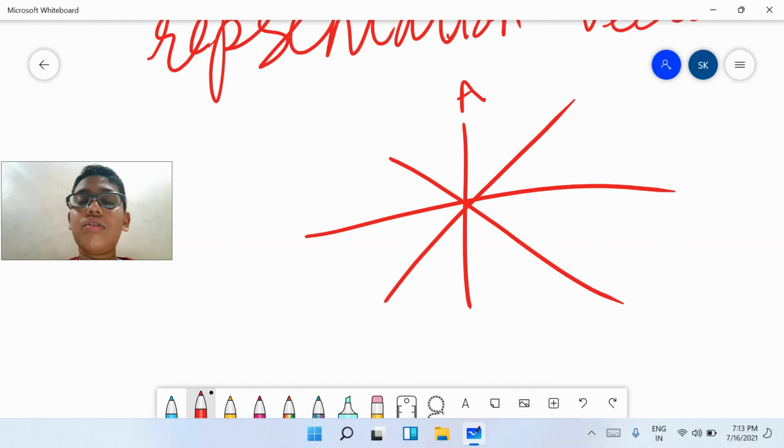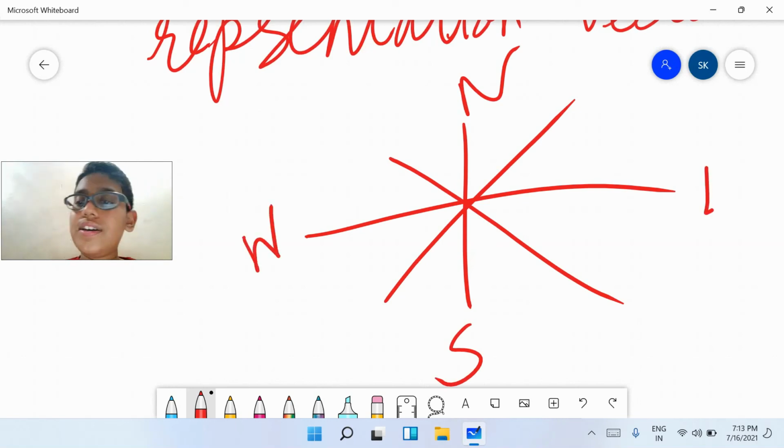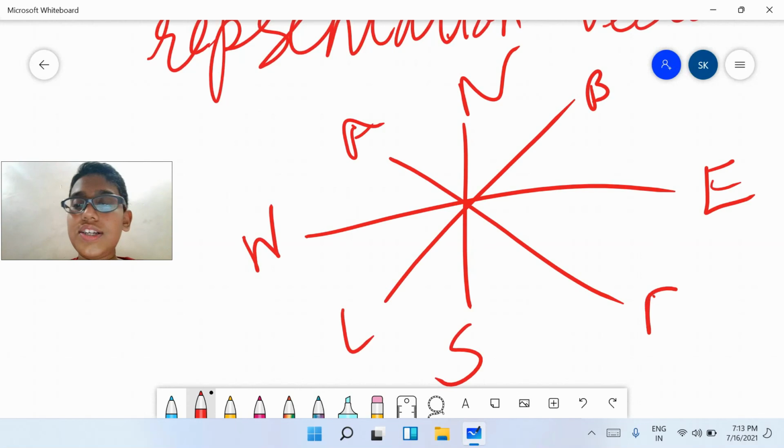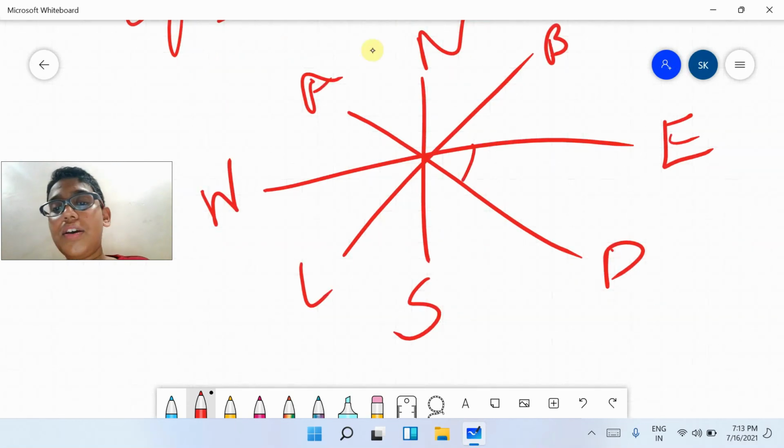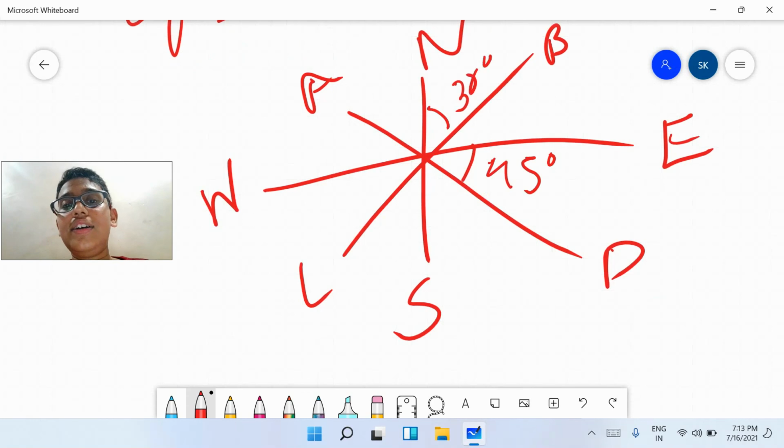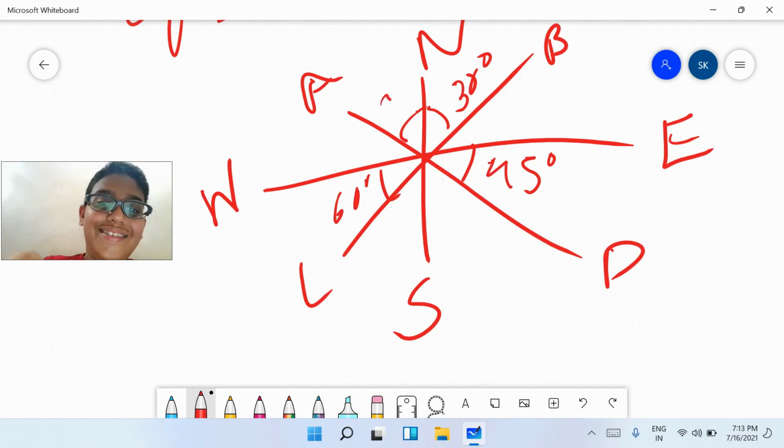A, or one minute, north, south, west, east, B, A, C, D. This angle is 45 degrees, this angle is 30 degrees, this angle is 60 degrees. I am taking random angles, so in reality don't calculate on the screen. And this angle is 35 degrees.